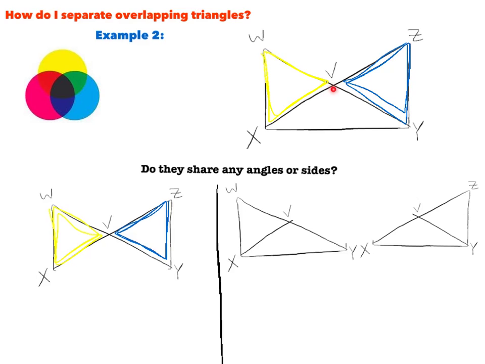Now I can tell that they touch right here, but that doesn't mean that they share an angle or a side. They share a point, but not a side or an angle. So for this one I would say no shared sides, oops, sorry about my handwriting, or angles.